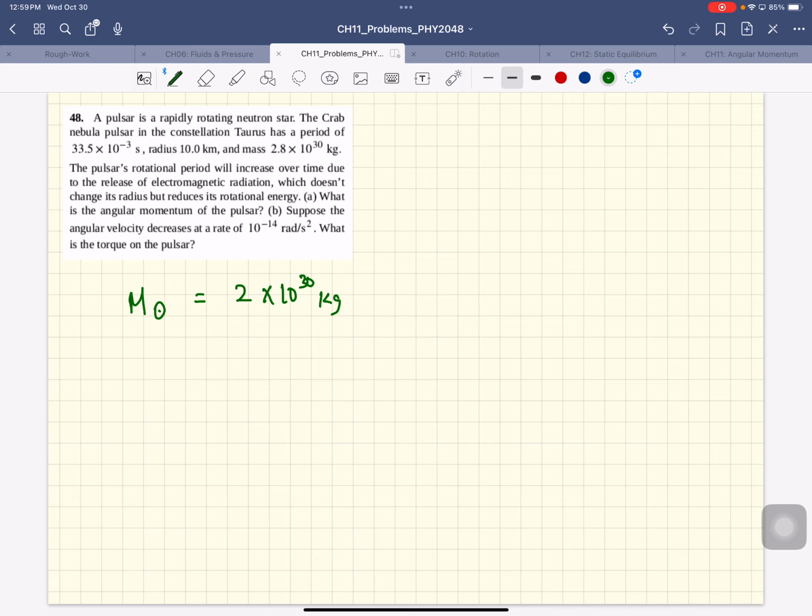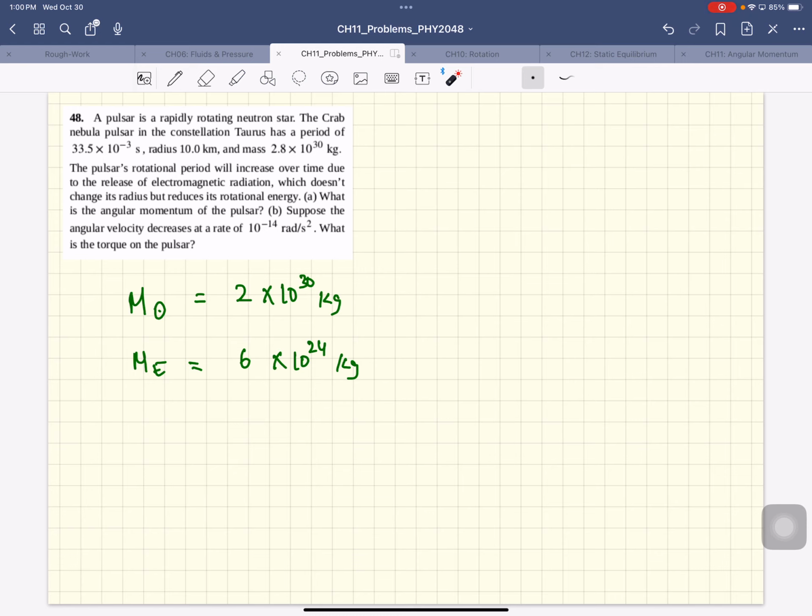To put this in perspective, mass of Earth is about 6 times 10 to the 24 kgs. So the sun is about 330,000 times more massive than the Earth.